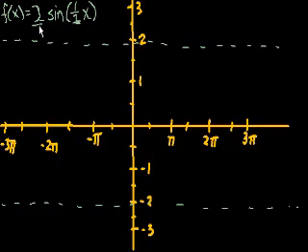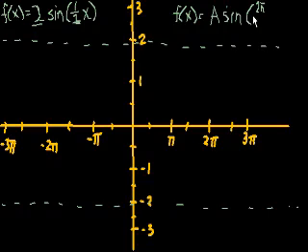And I'll give you a little formula here: the function is equal to the amplitude times sine, but it would also work with cosine, of 2 pi divided by the period of the function times x.